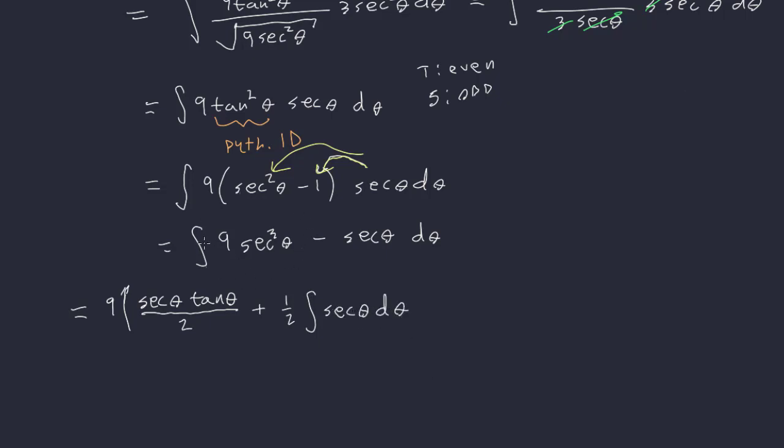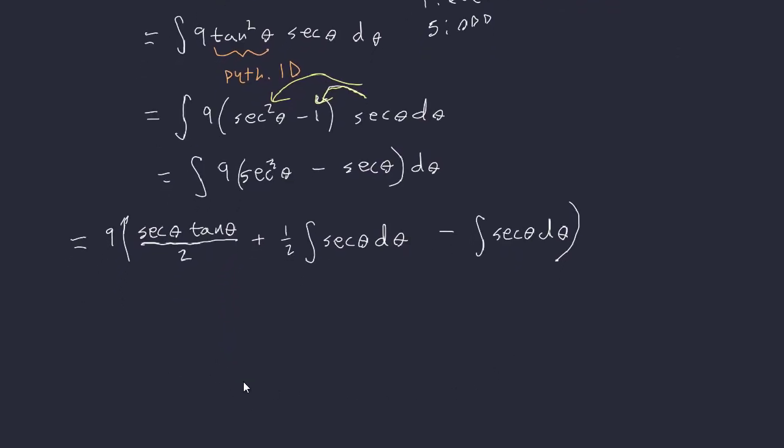So that's this piece, right, from our reduction formula. But then we also have this minus the integral of secant theta d theta here. Whoops, I see there, that should have been in parentheses. So it should be more like this.